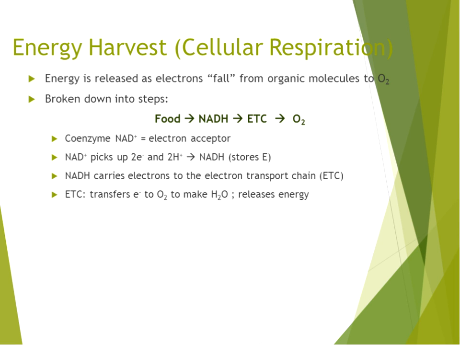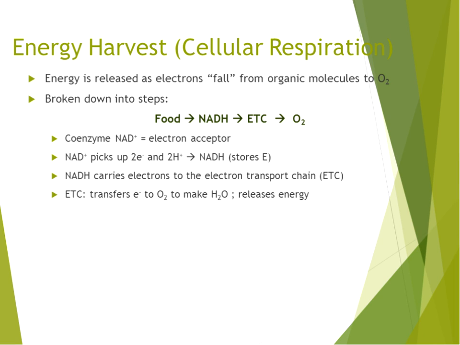All right, so now let's move on to cellular respiration, which again was one of the catabolic energy reactions, because we're taking a large complex and we're going to actually break it down for energy, so we're releasing energy. So energy is released as the electrons fall, and I use that word loosely, from the molecules to oxygen. So that's where the electron transport takes place.